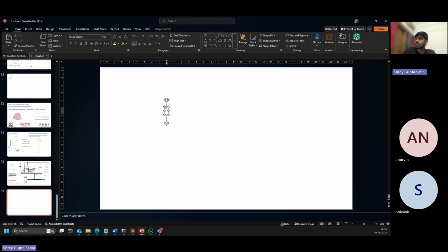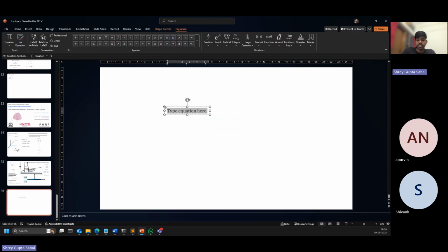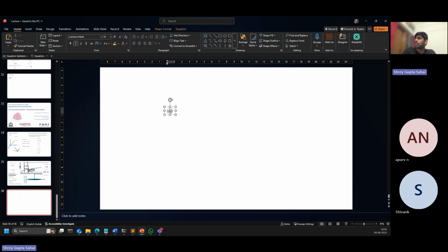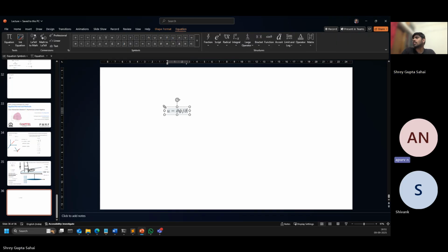See, what is a stream function? Psi. This is the symbol for stream function, right? So you write u as partial psi by partial y, right?